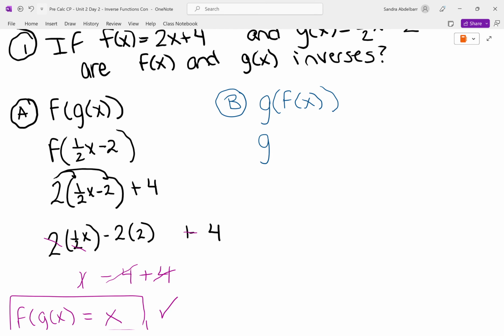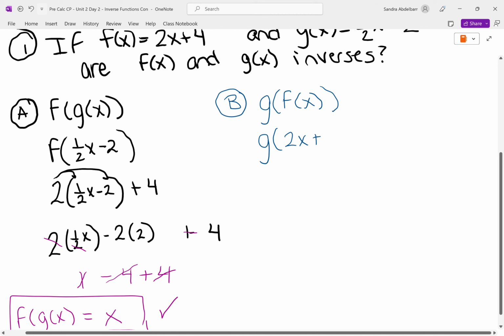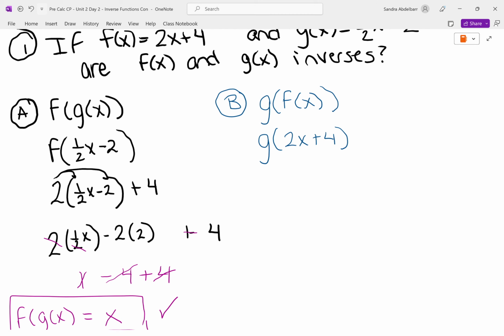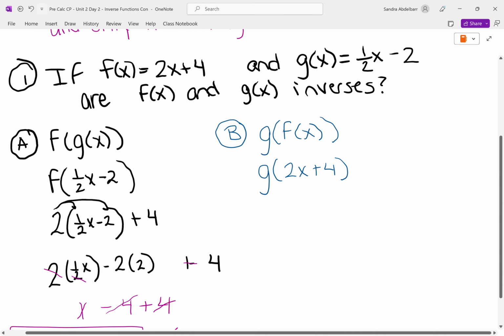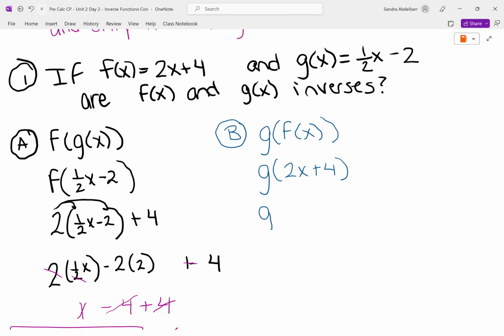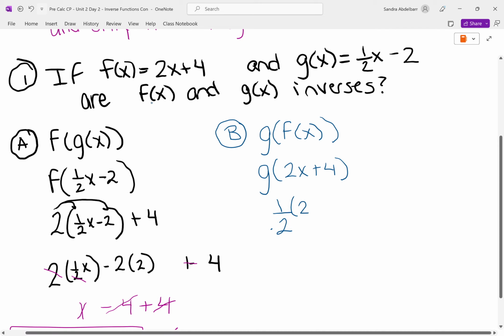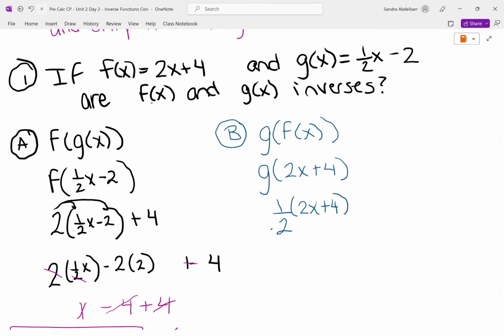So now this is going to be g of 2x plus 4. So wherever I see x in g of x, I'm going to now substitute in a 2x plus 4. So this is going to be a half times 2x plus 4 minus 2.